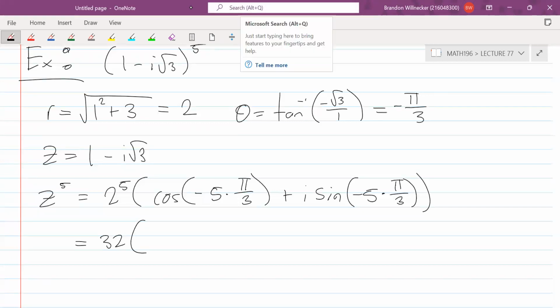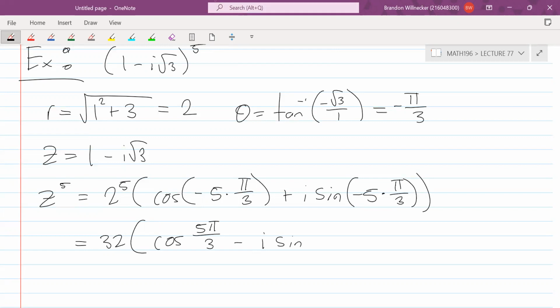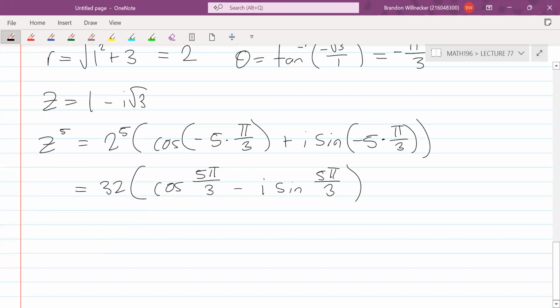Cos of minus 5 pi over 3, we can just write that as cos of 5 pi over 3, because cos is even. And sine of minus 5 pi over 3, we can write that as minus sine 5 pi over 3, because sine is odd. And then it's just a matter of simplifying these two.